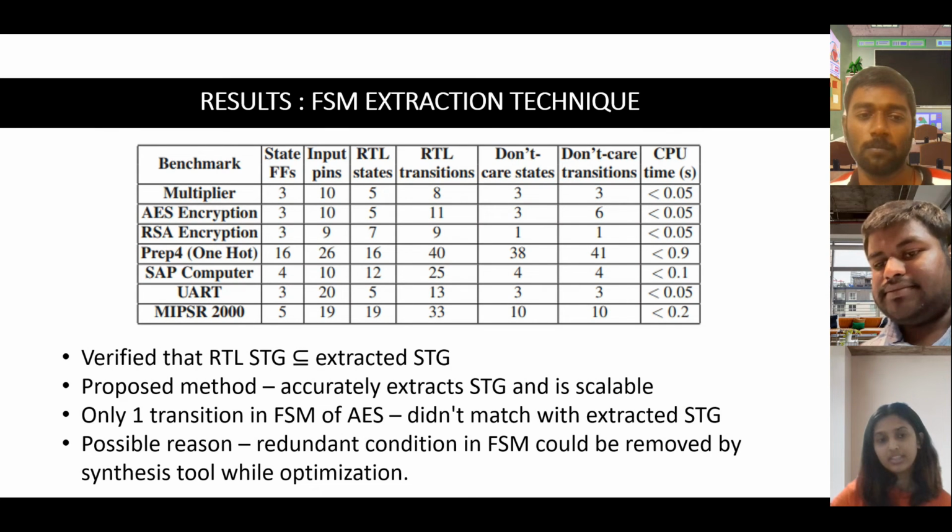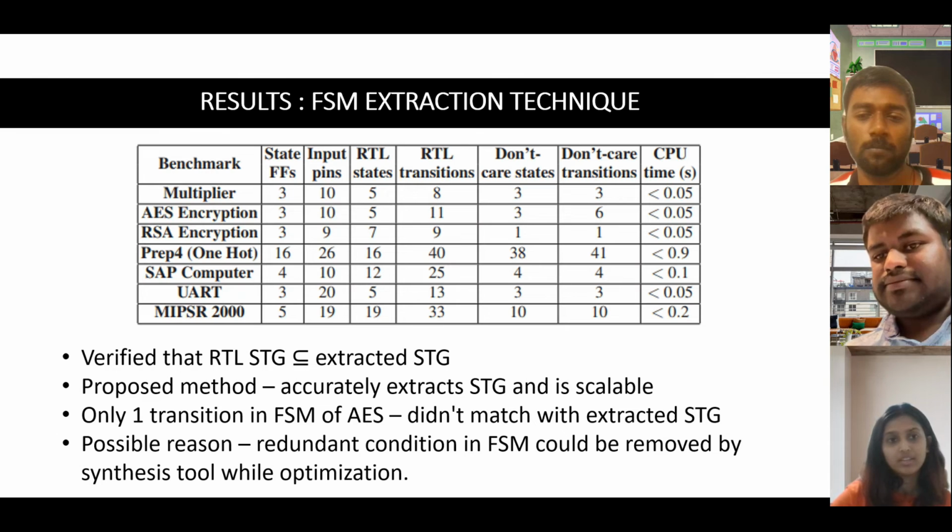The proposed techniques are applied on the benchmarks mentioned in the table. The RTL state transition graph is compared with the extracted state transition graph obtained by following the previous procedures.